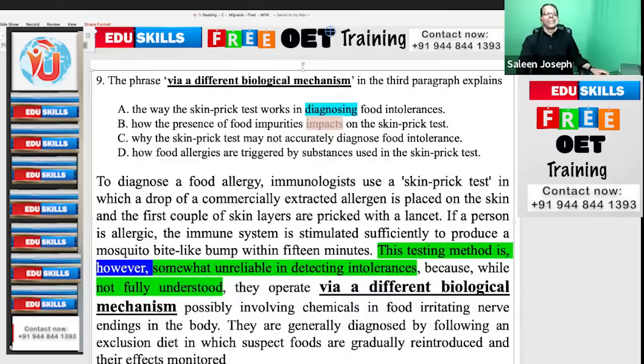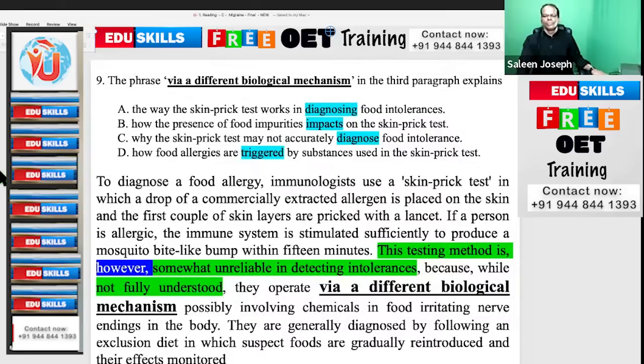Impact. See how beautifully they give all the questions. And why the skin prick test may not accurately diagnose food intolerance. And how food allergies are triggered by substances used in the skin prick test. Triggering substances also you can say.